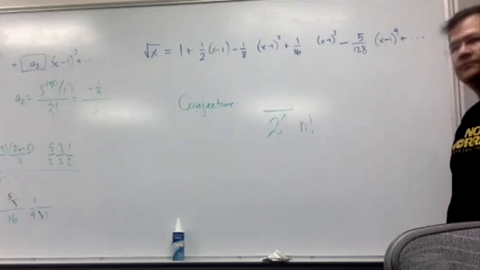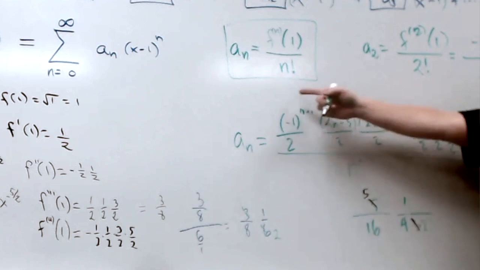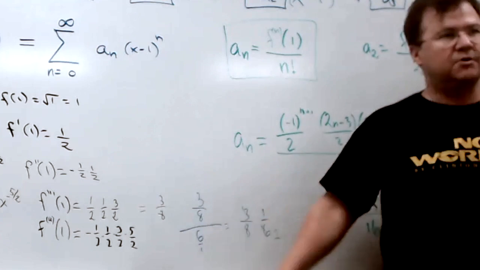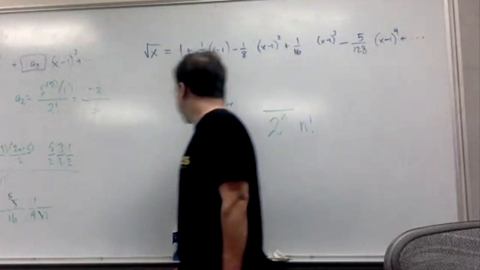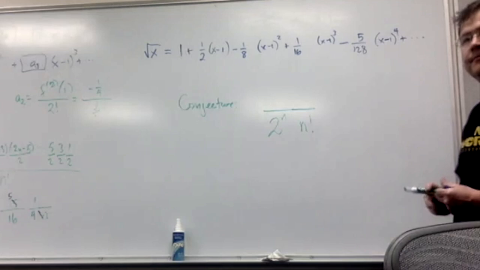That takes care of all the denominators, because that's where it came from. We were dividing by n factorial. And it was already 2 to the n to begin with. Right. Yeah, it literally was 2 to the n. So you're right, that will be the denominator. And the top, so if it's always increasing by 2, I mean, because even at 16, it's supposed to be a 3. Yeah.